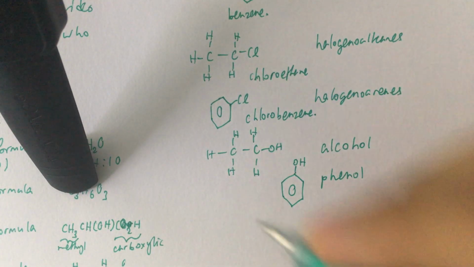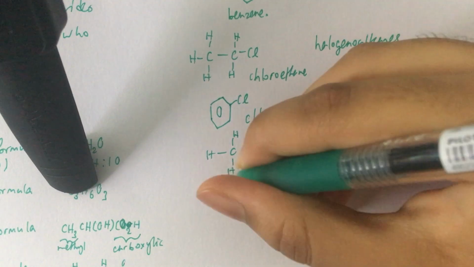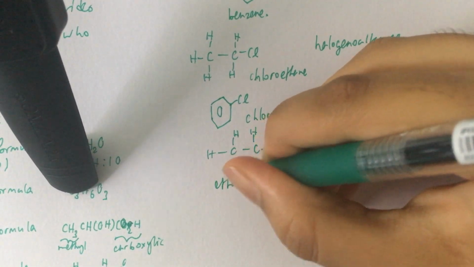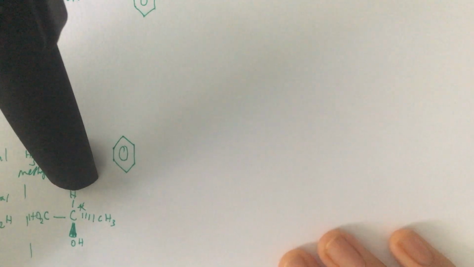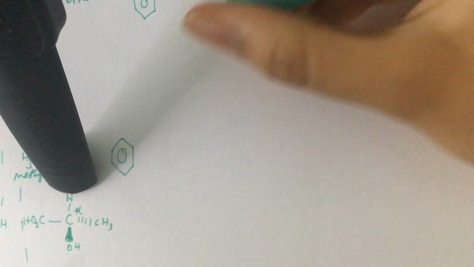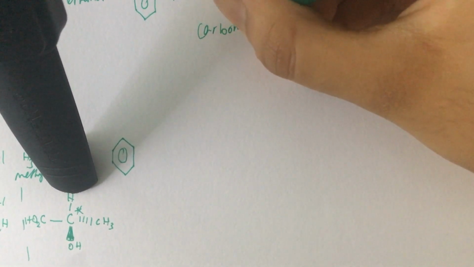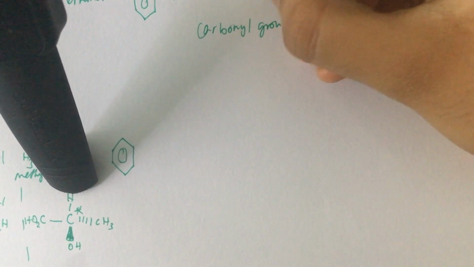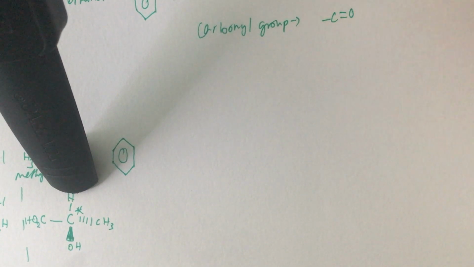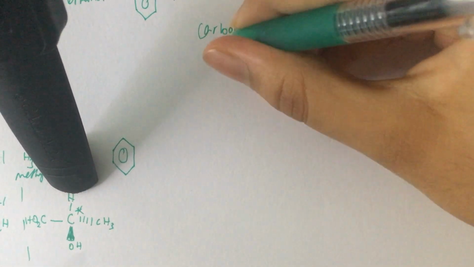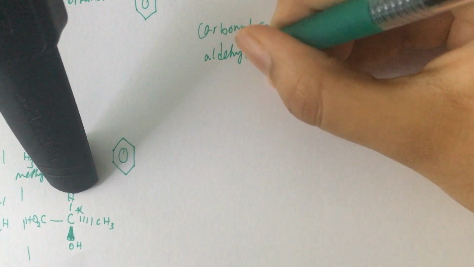And then the next one is the carbonyl compounds, which involve the carbonyl group. The carbonyl group is basically the C double bond O group. It is different from the carboxylic group. You can find this in aldehydes and ketones, and they are both basically alkanes with the carbonyl group on it.